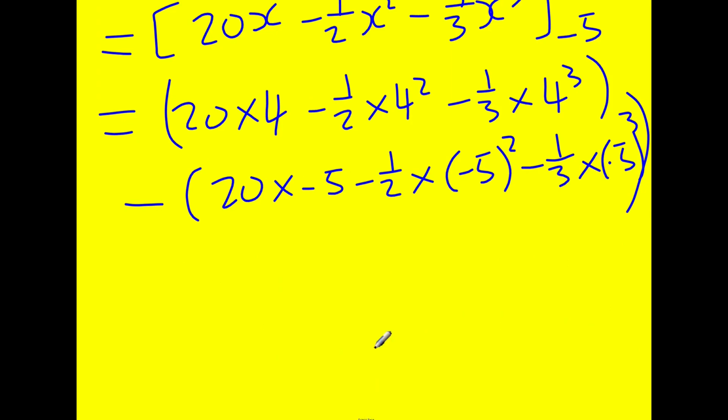Put that in your calculator. We could try and do it without a calculator, but it's going to be quite horrible, with fractions and everything, as long as we know how to deal with it.